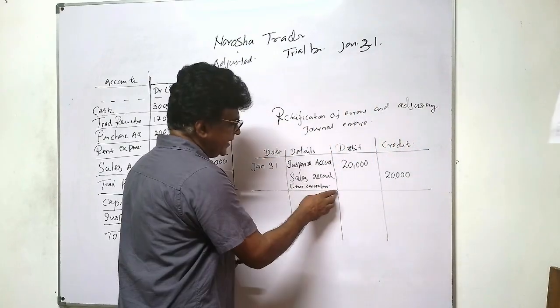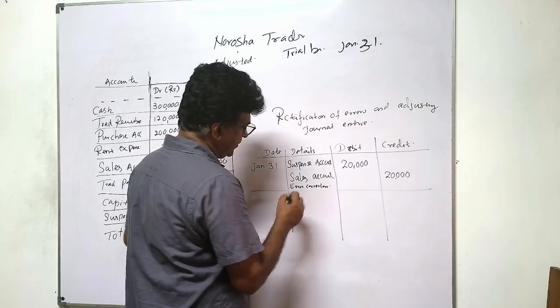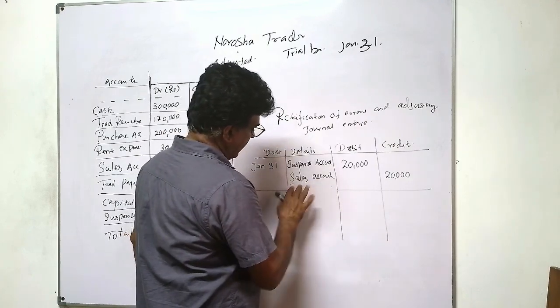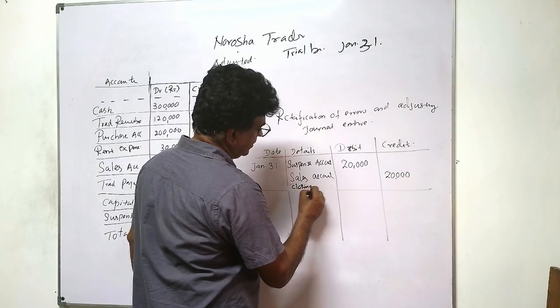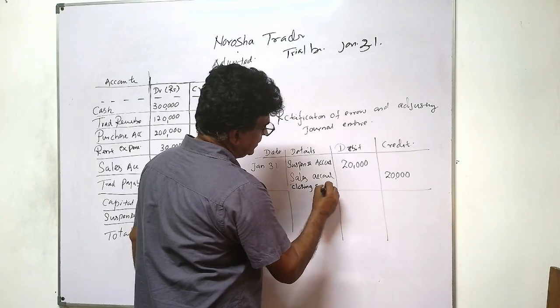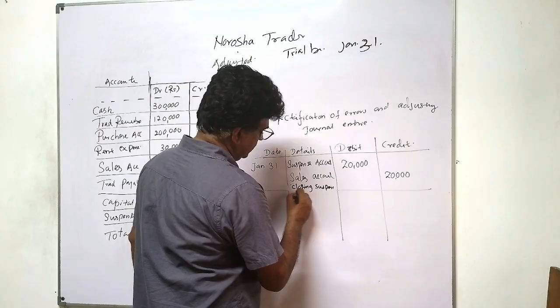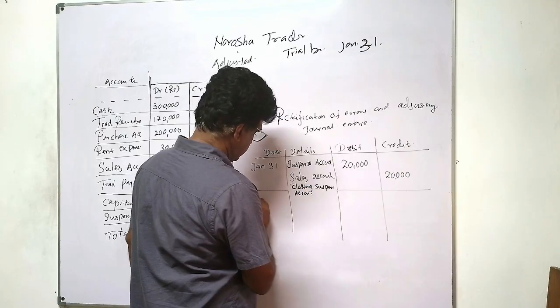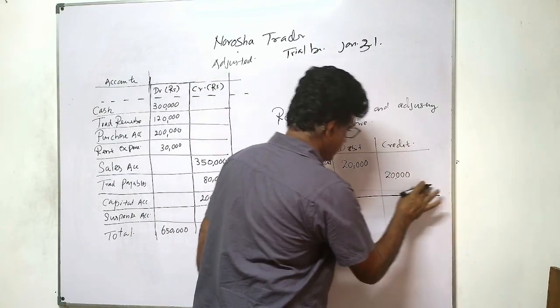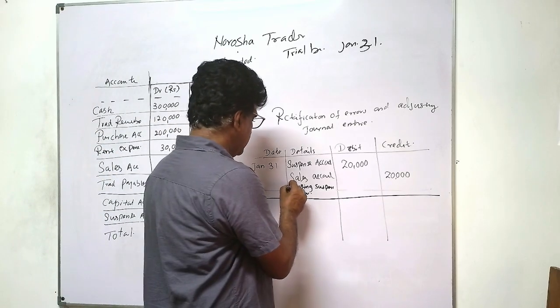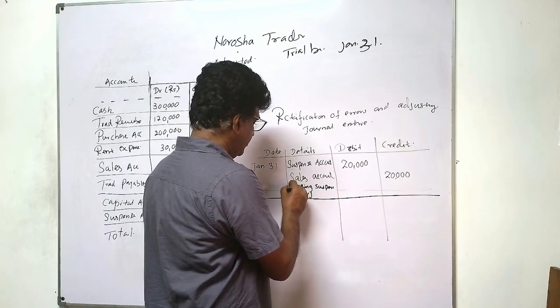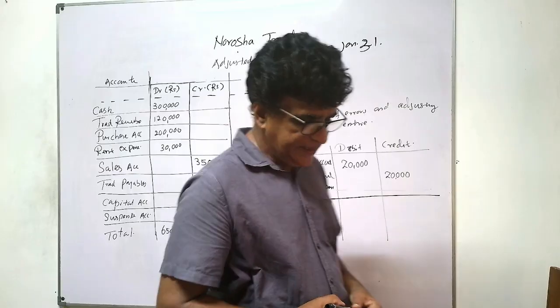You can say error correction, or you can say lapse in suspense account. Put it in brackets. Right?